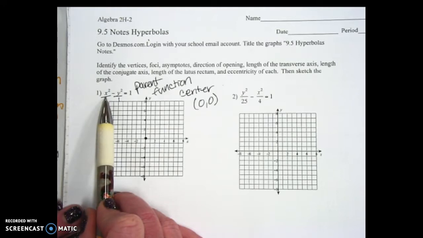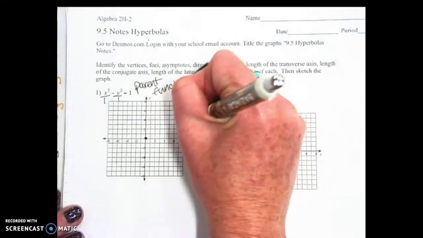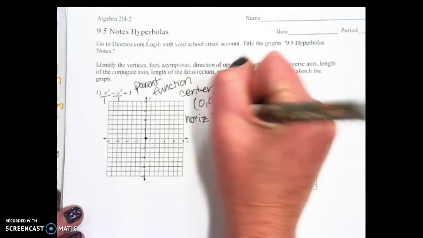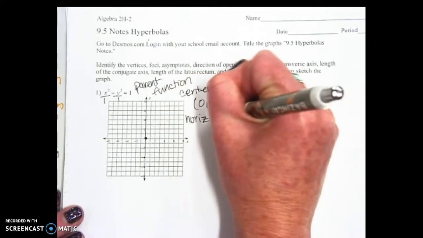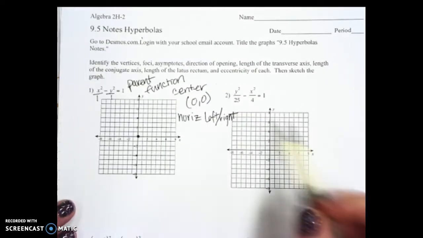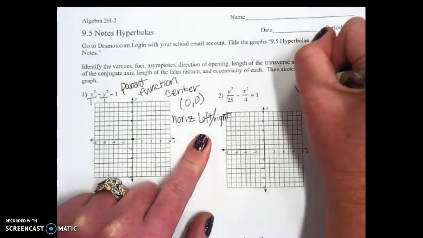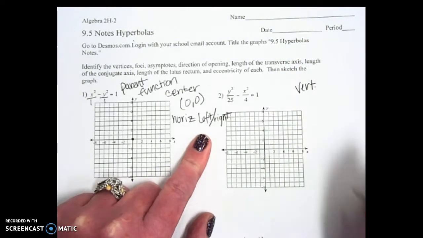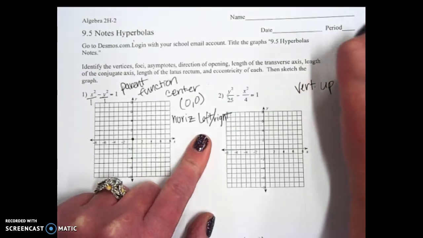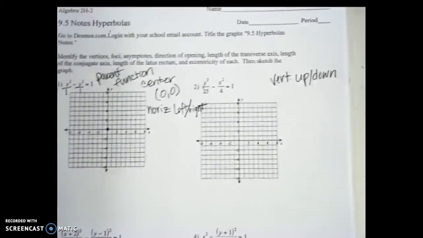So the ones that start with x squared are going to be your horizontal, which means they're going to open left and right. The one that starts with y squared is going to be your vertical openings, which is going to be up and down.